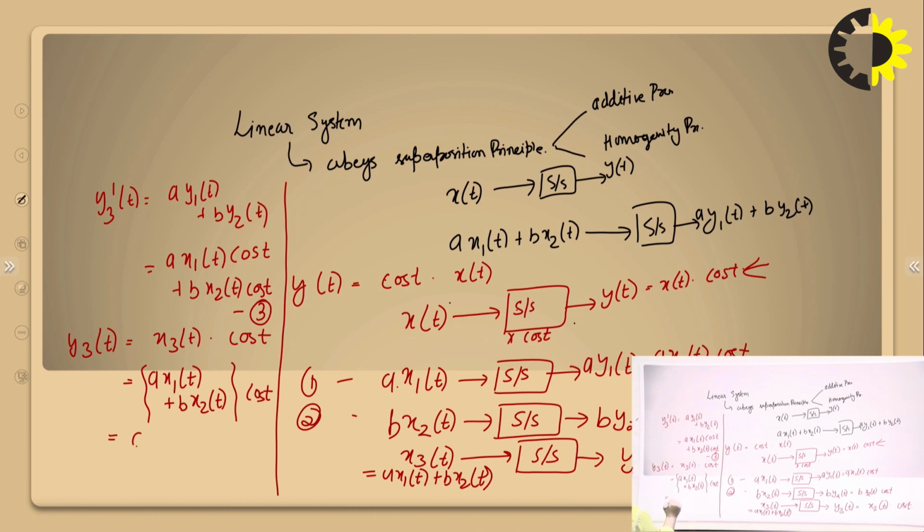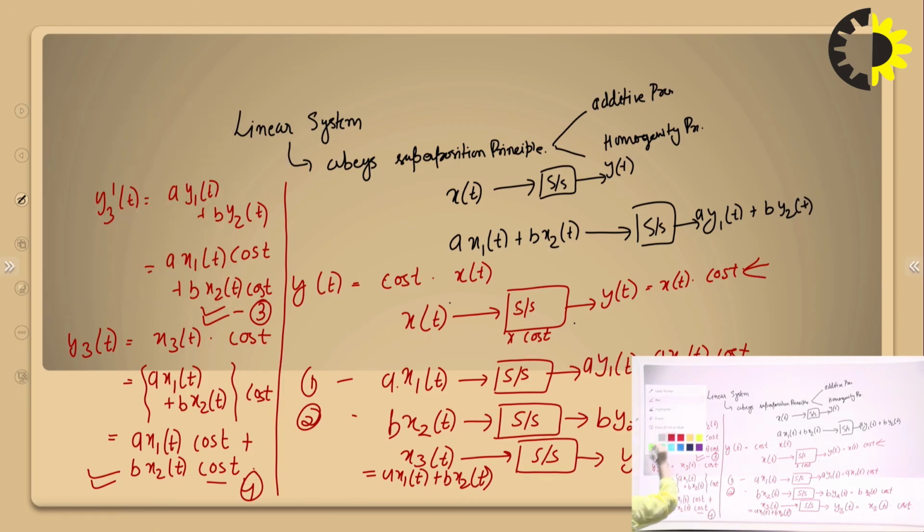So we get a of x1(t) cos t plus b of x2(t) cos t. Now, are equation 4 and equation 3 equal?